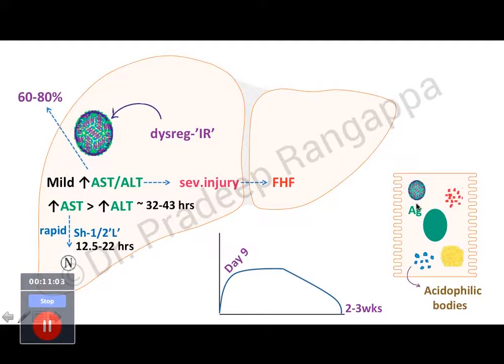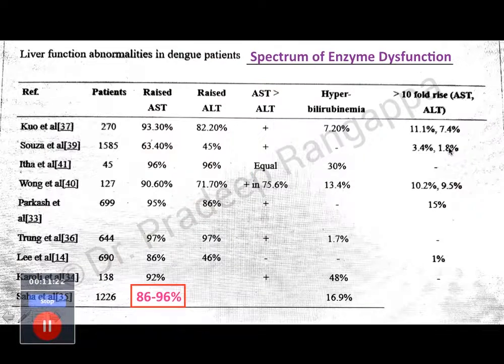They have identified dengue antigens within the hepatocytes. Like in lepto, you see centrilobular necrosis and acidophilic bodies. As in leptospira, you see deposition of acidophilic bodies within the hepatocytes, and there can be inflammation of the portal tract and Kupffer cell hyperplasia.